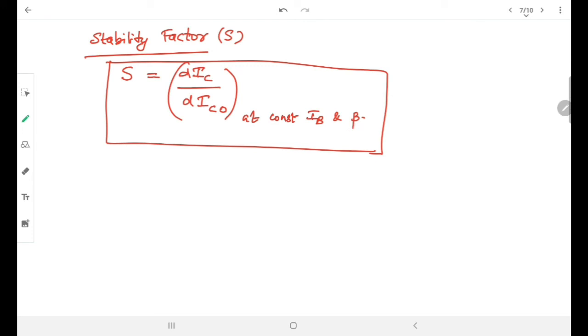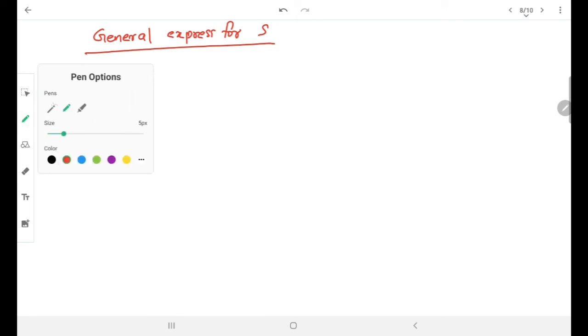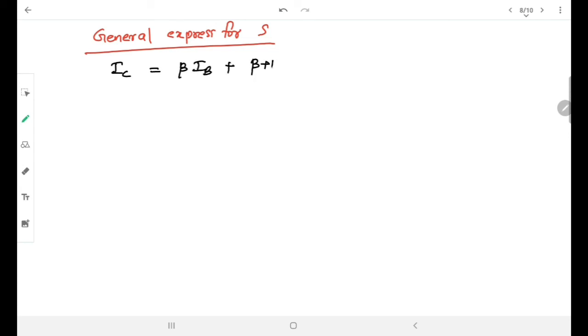Now we have to derive a general expression for the stability factor S. We begin our derivation with the equation IC equals beta IB plus beta plus 1 ICBO, or in this definition we used ICO, so you can put ICO.